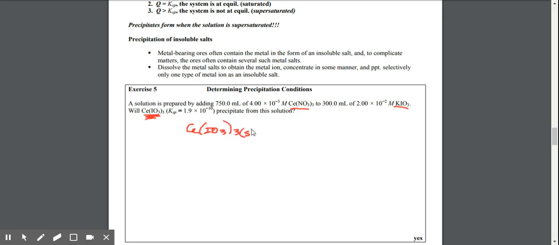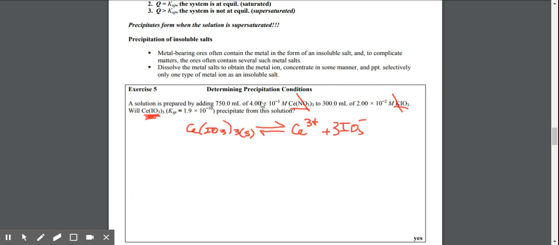This is the solid. Now, if that solid dissolves, if it's soluble, then it's going to form Ce3+ ions plus IO3-, and to balance that, we need a 3 here. So this is just writing my reaction based upon this. This nitrate and this potassium are not present in here because they will be spectator ions in this process.